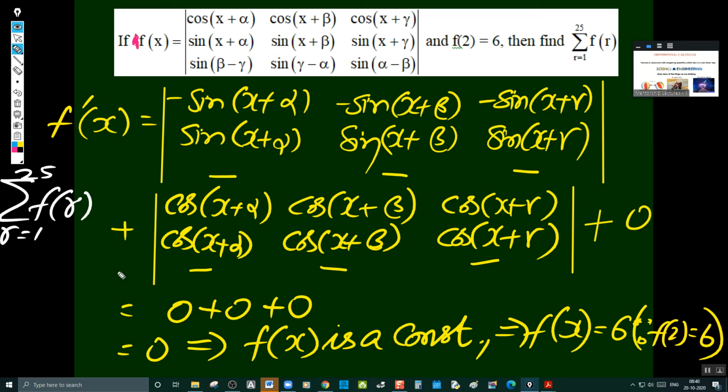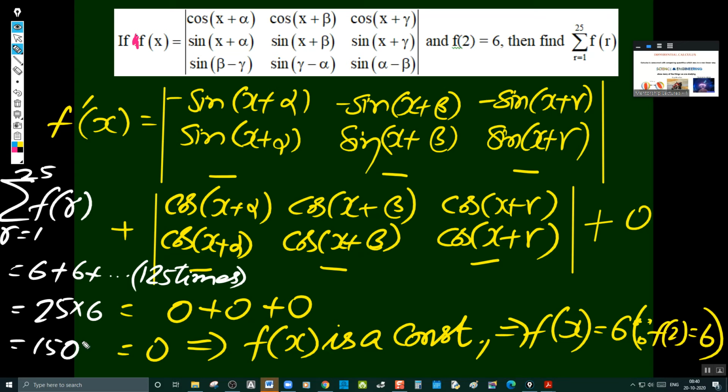Anyone answer this? 6 plus 6 plus 6 and so on, 25 times. So 25 into 6, 150 is your answer.